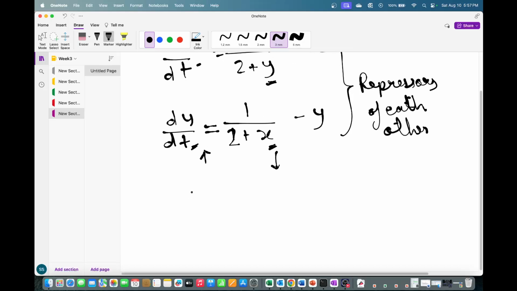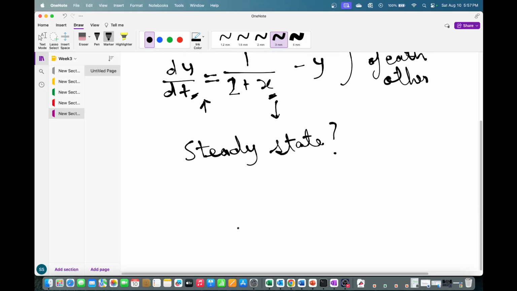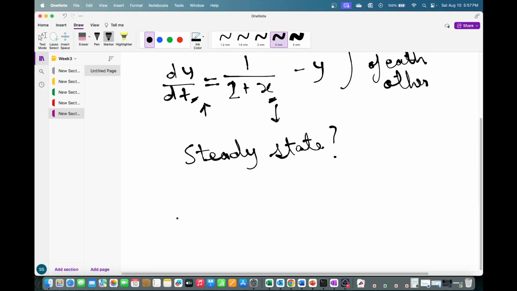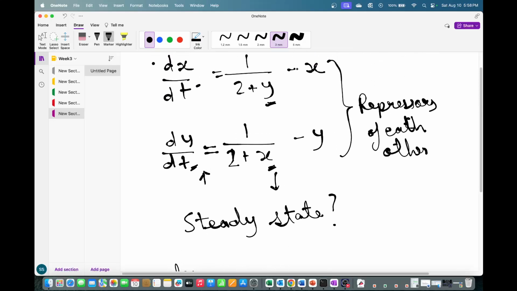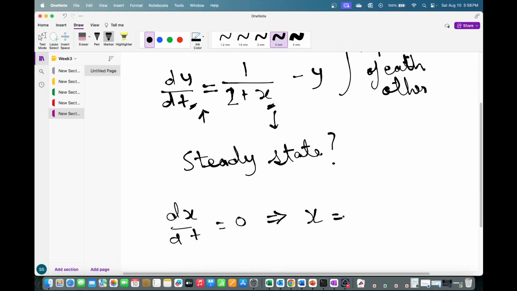So if you want to find the steady state of this system, if dx/dt equal to 0, this implies x equal to 1 by 2 plus y.